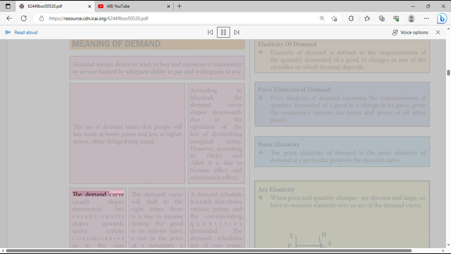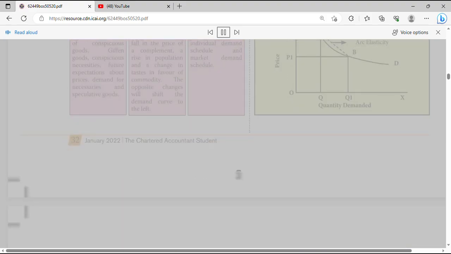The demand curve usually slopes downwards, but exceptionally slopes upwards under certain circumstances, as in the case of conspicuous goods, Giffen goods, conspicuous necessities, future expectations about prices, demand for necessaries and speculative goods.